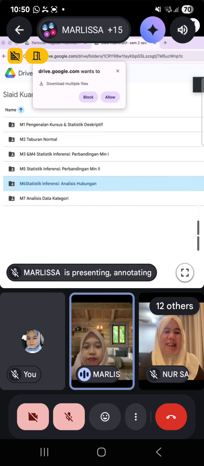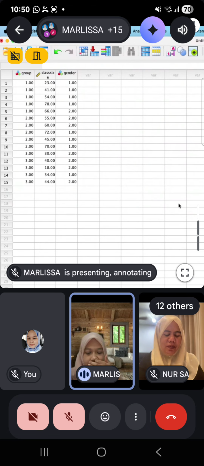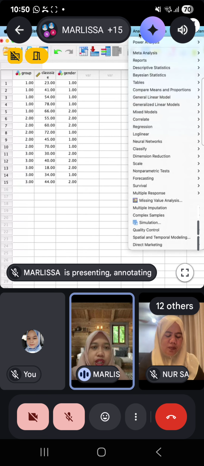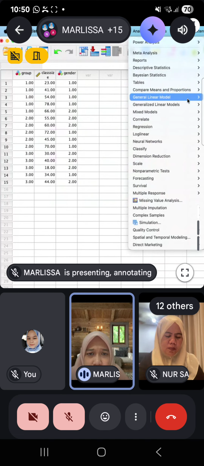So let's look at the two-way ANOVA analysis. As usual, go to Analyze.